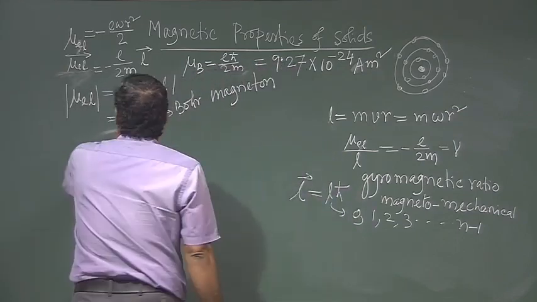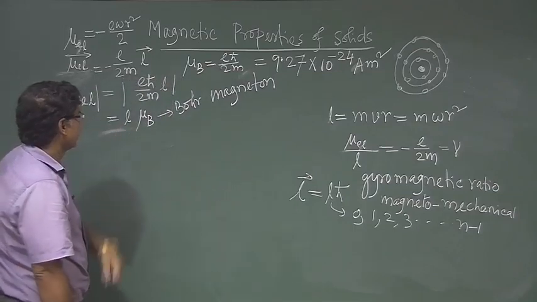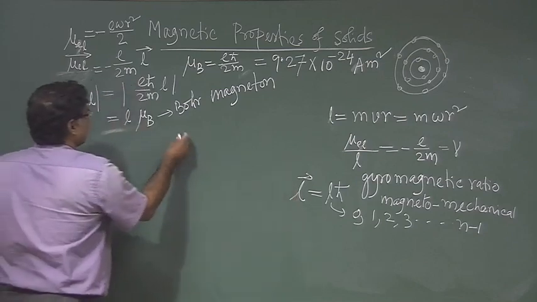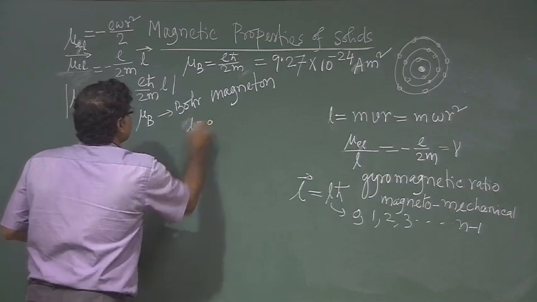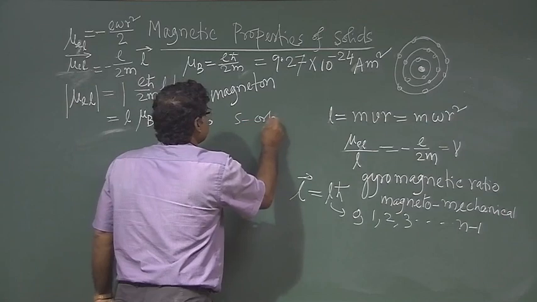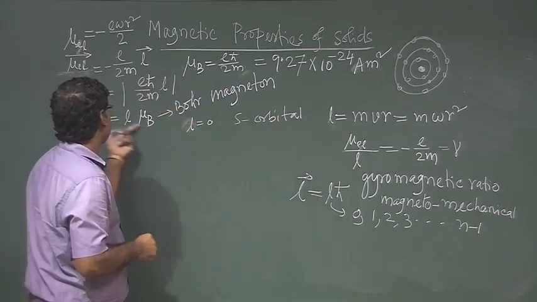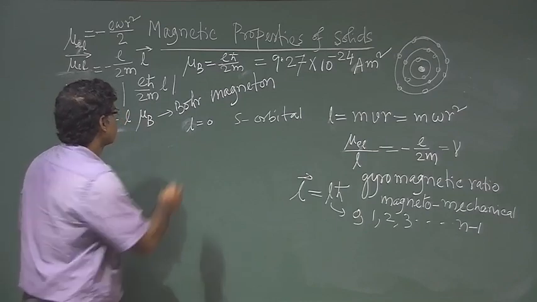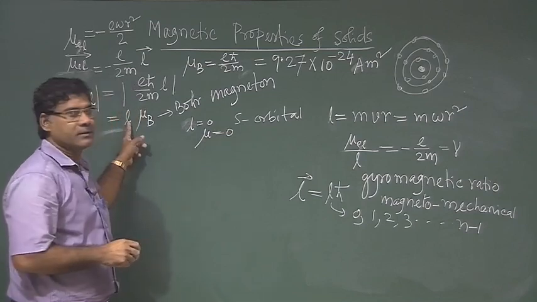So for different orbitals we can easily find out: for L equal to 0, this is the s orbital. What will be the magnetic moment? It is 0, mu will be 0.